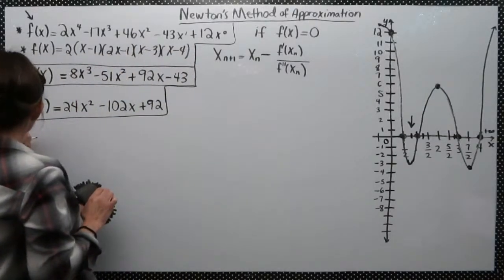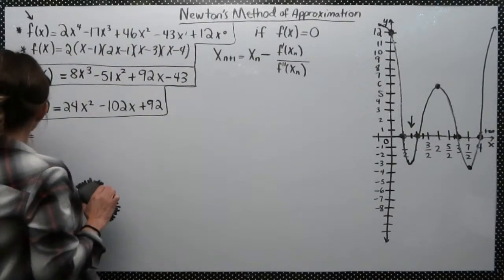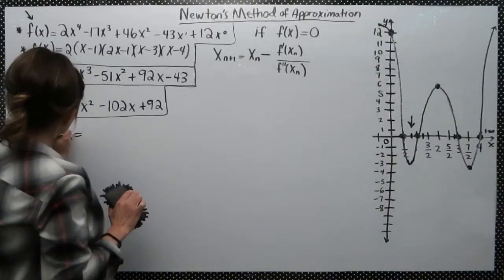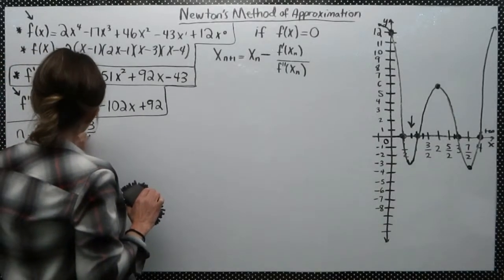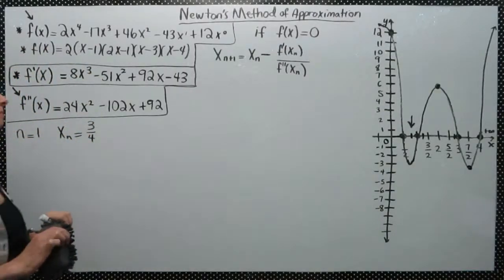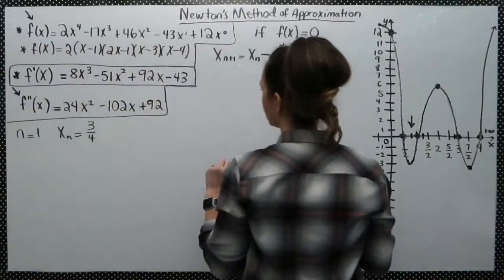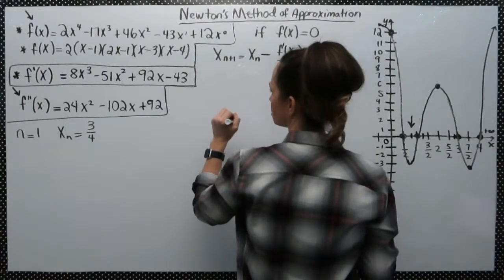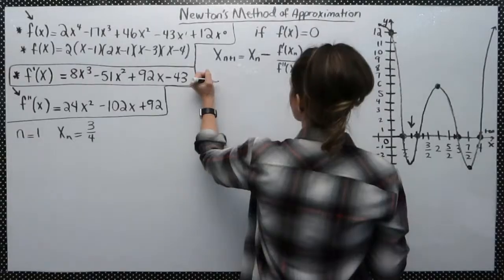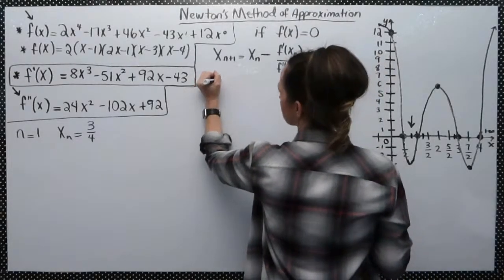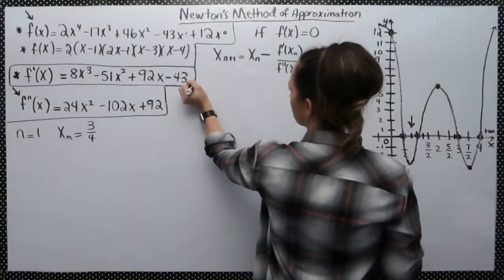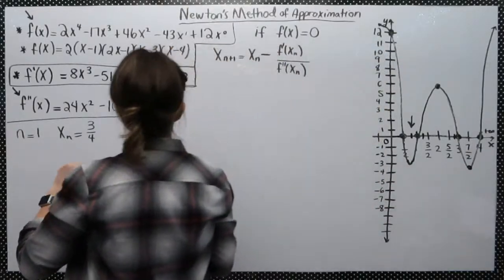I'm going to say for n equals 1, x sub n equals 3/4. And so I'll start my table that way. All right, so let's just try the first one. So we use this method here. Where do I write it? I'll put it here.